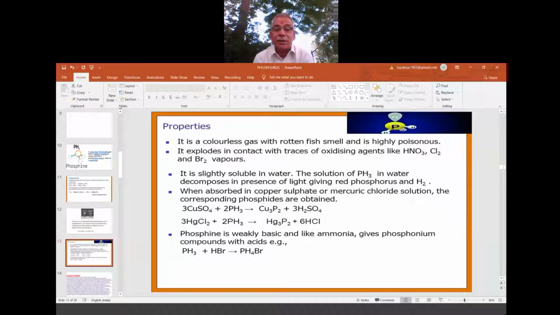With d-block salts, it reacts and converts into the respective phosphides. Two examples are given. You take any d-block salts, chlorides, sulfates, bromides, carbonates of copper, nickel, mercury, cobalt.